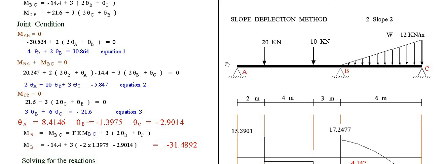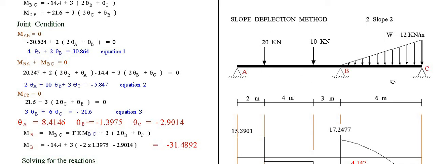Just visualize: this is greater in magnitude and positive, then going here, very small inclination, then negative is going up to the right. That's the meaning of the slope.